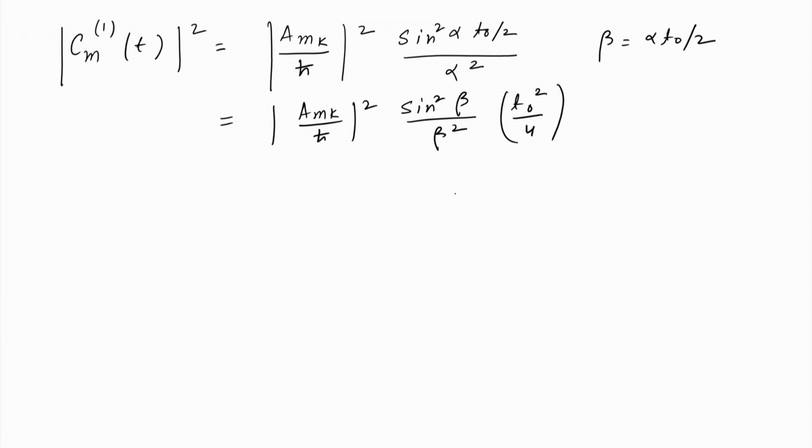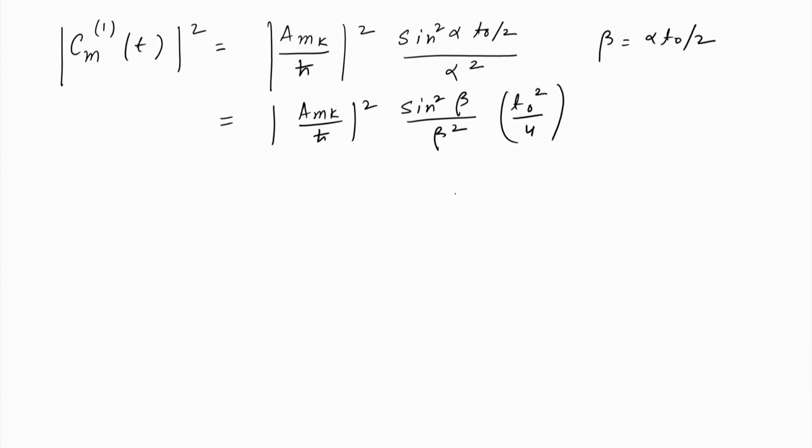Okay. So, this is our form of the transition amplitude, which is related to the probability of transition from an initial state k to a final state m. This quantity, sine square beta by beta square, is called the sinc function, or rather the square of the sinc function sine theta by theta. If we plot it, it looks like this.